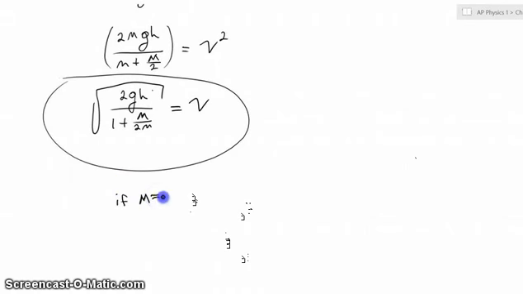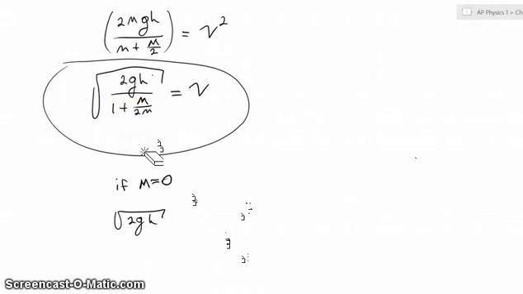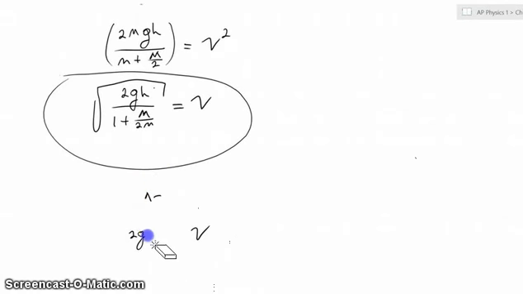If the mass of the pulley is 0, meaning that it's an ideal pulley and it didn't really have a moment of inertia, the equation simplifies to 2gh over 1, which is just root 2gh, and that's the equation that we derived previously when we did objects in free fall falling a distance h. So it's nice to check in that way to make sure that the equation reduces to a simpler case, and it does.